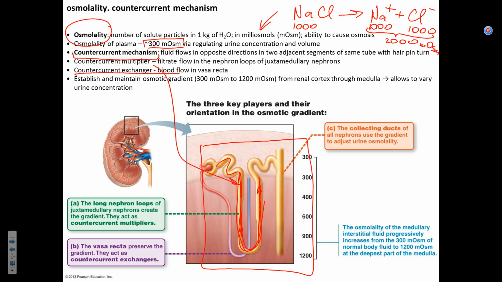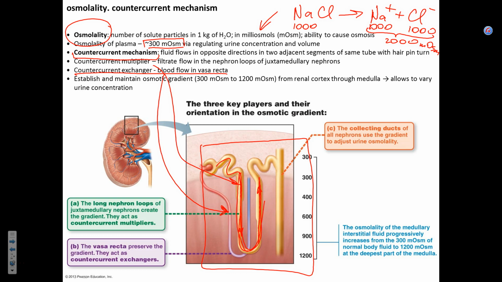The countercurrent exchanger is vasa recta, the capillaries that surround the nephron loop of juxtaglomerular nephron. Their function is to collect reabsorbed water and reabsorbed salts and carry it away from the medulla. Does that make sense?